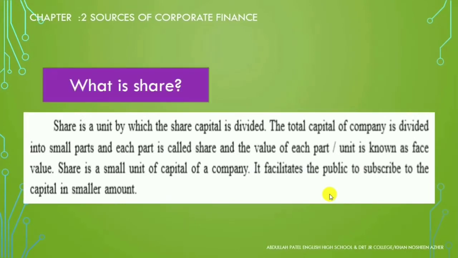So the first question that comes into our mind from the flow chart is: what is a share? Share is a unit by which the share capital is divided. When your share capital is divided into small units, that is called the share. The total capital of the company is divided into small parts, each part is called a share, and the value of each share unit is known as the face value.